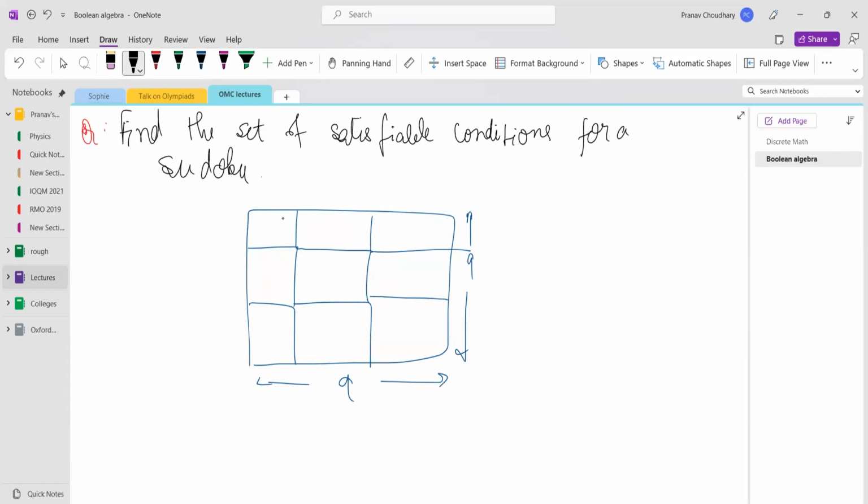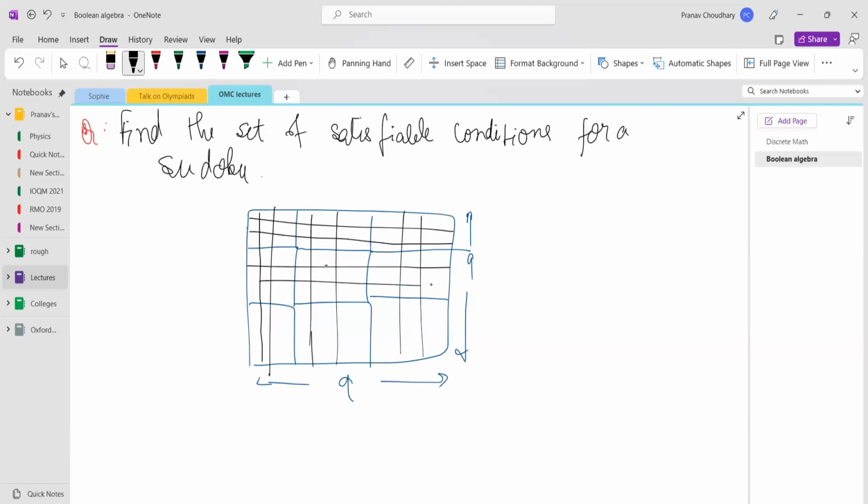So the problem essentially means, wait, so all Sudokus are not solvable? No, I mean, when you say Sudoku, you're given some numbers and you are supposed to fill the other numbers. But what we are trying to do here is, let's say we are given certain filled numbers in the cells.